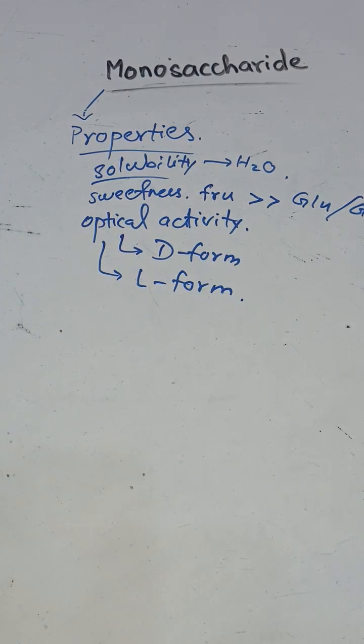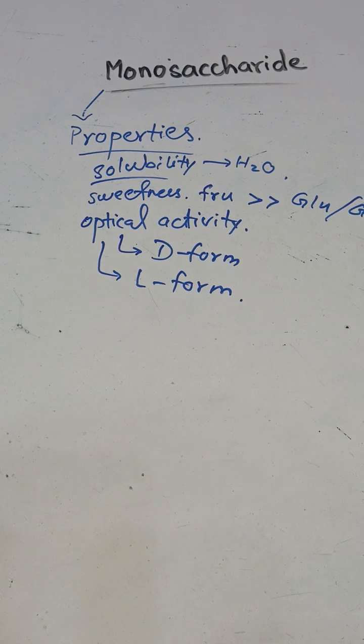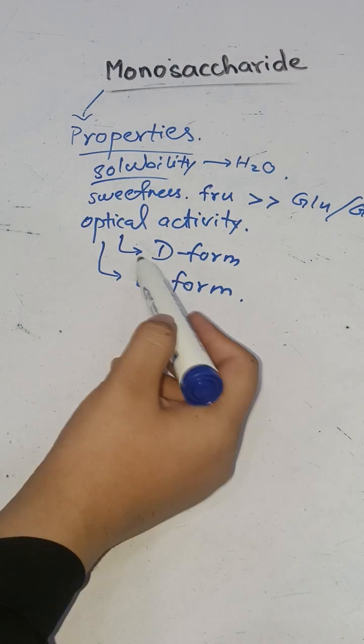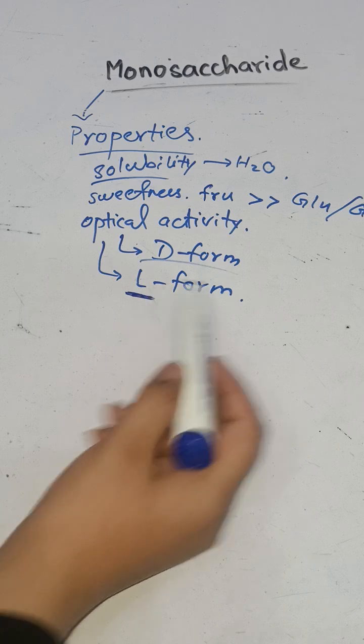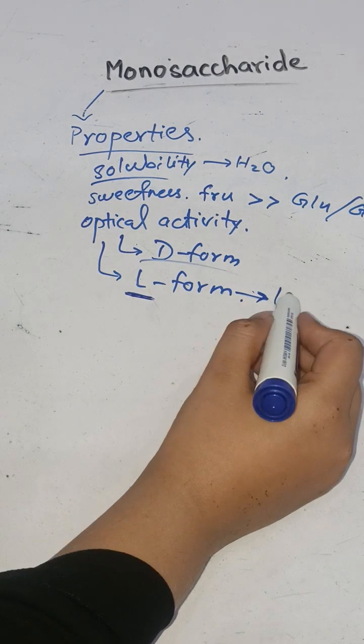Okay, whenever you lead plane polarized light over your sugar, the sugar causes rotation of light, either on the left side or the right side. If it rotates to the right side, it forms the D form, which is dextrorotatory. If it rotates to the left side, it forms the L form, which is levorotatory.